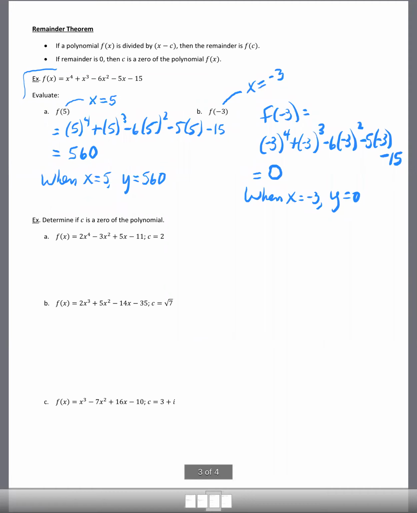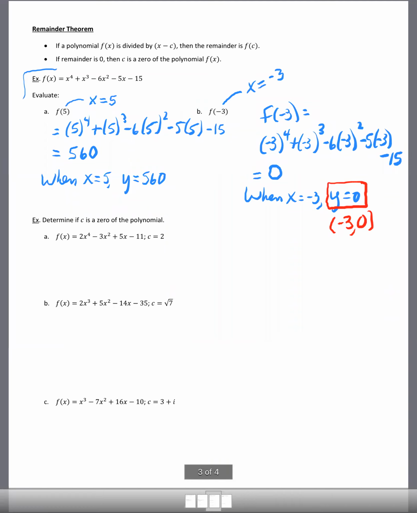Now what we'll need to see is what in the heck does this actually mean? And we've got some really cool news here. When you find out that your function value is equal to 0, if you think about what this information is telling you, on the graph of f, you're going to have a point (-3, 0).